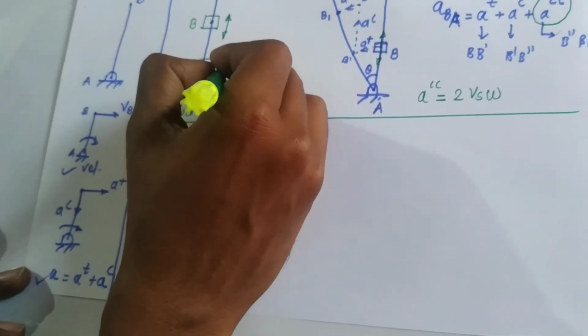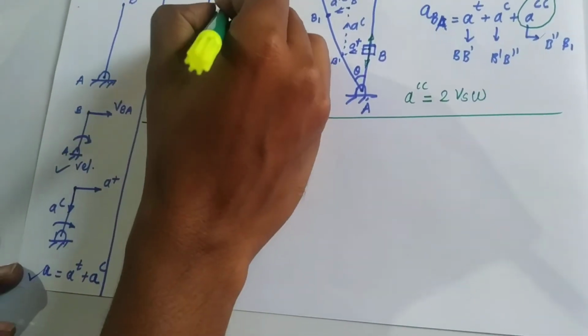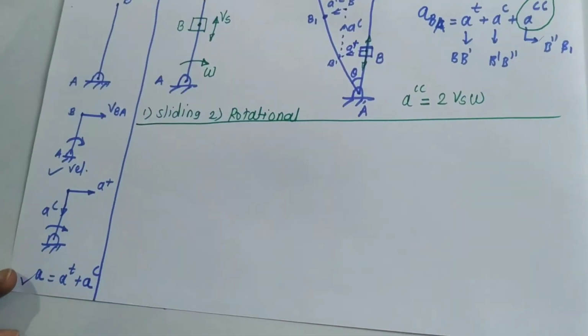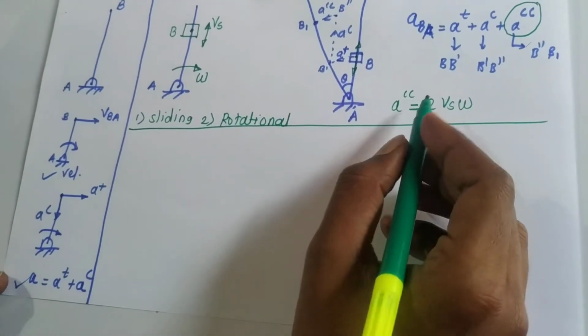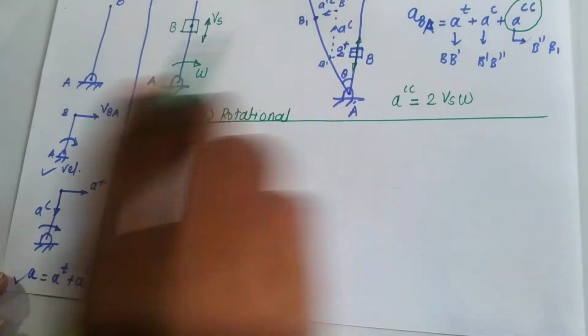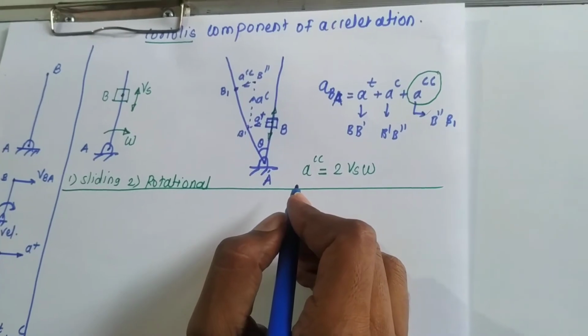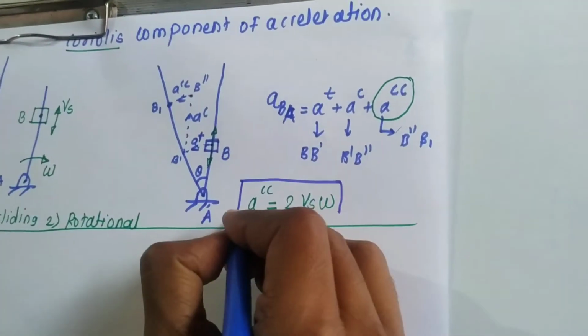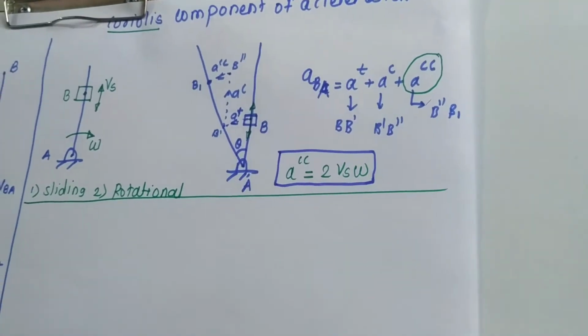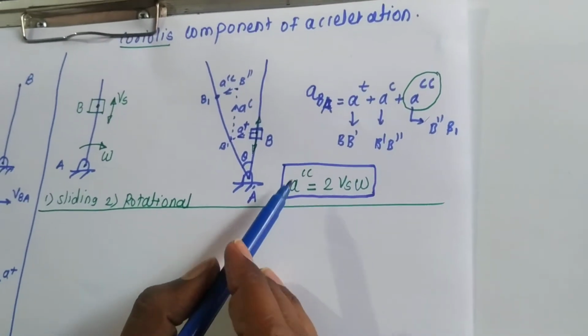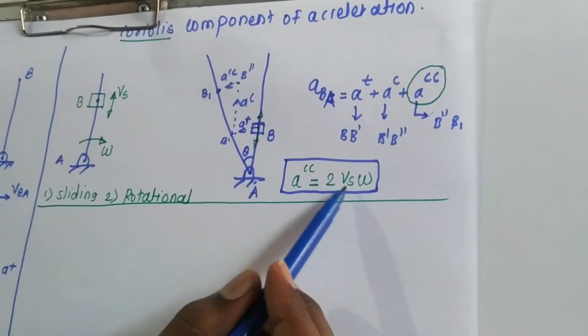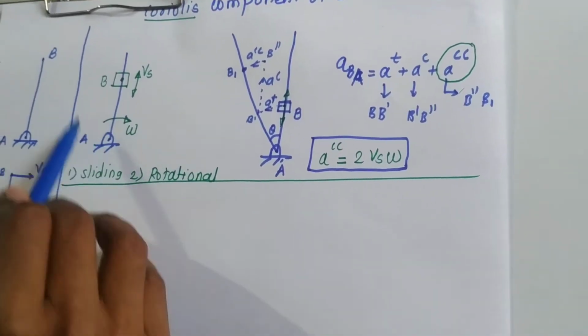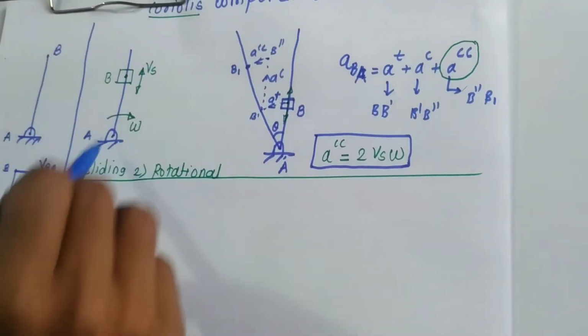This link is rotating with angular velocity omega, and the slider is sliding with velocity Vs. So A_CC is equal to 2 Vs omega. This equation will give you the magnitude of the Coriolis component of acceleration, where Vs is the sliding velocity and omega is the angular velocity of the link on which the slider is sliding.